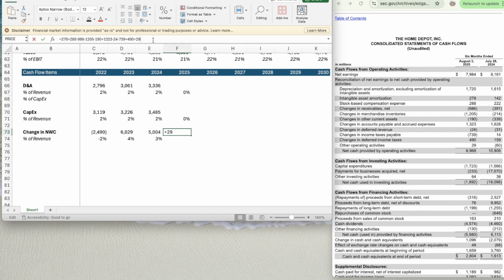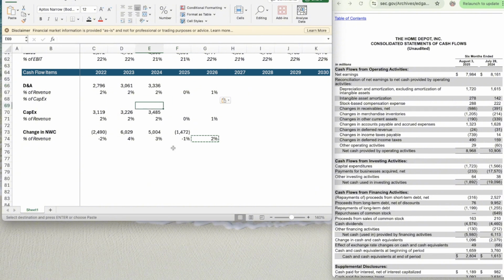So let's multiply it by 2. So just put it in brackets, and then at the end, multiply by 2. Okay, that gives us... I haven't done the depreciation yet for D&A and the capital expenditures.